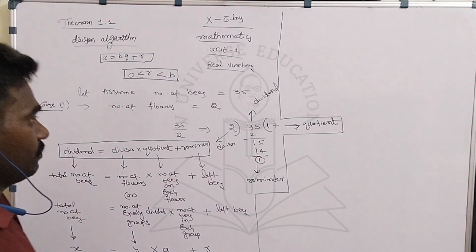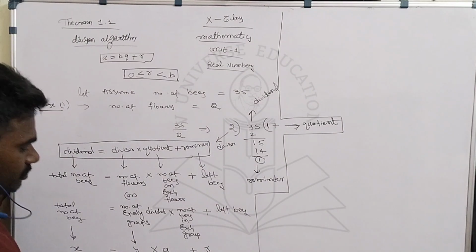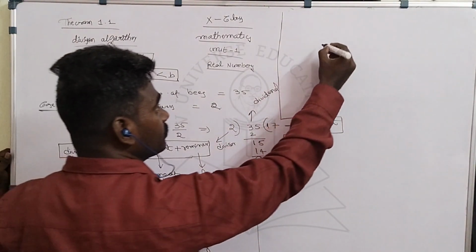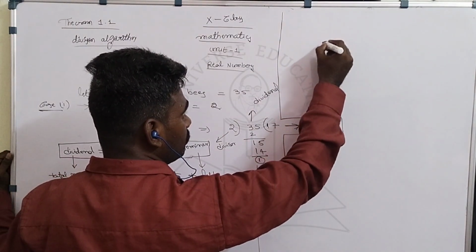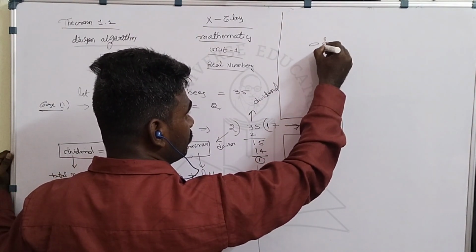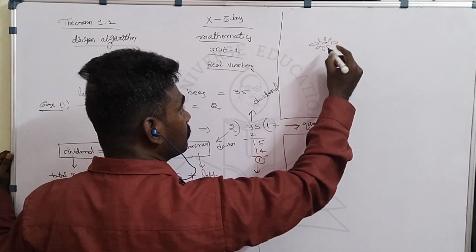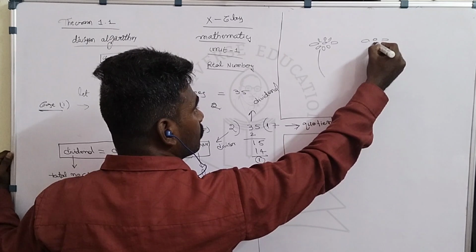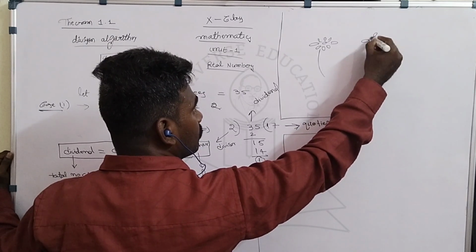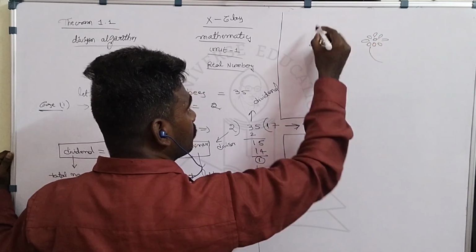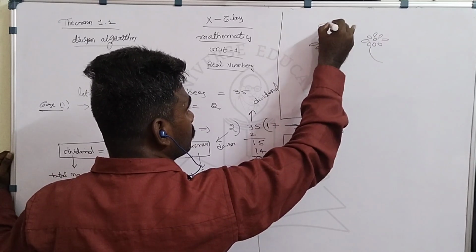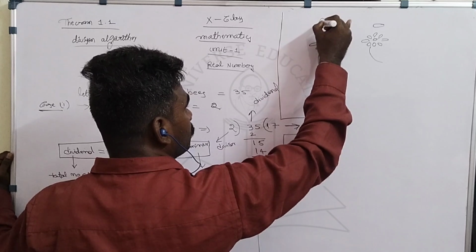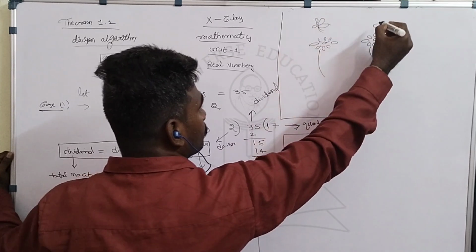According to this, we can draw the figures. Here I am drawing this. Here 2 flowers are there. So these are equally divided bees.